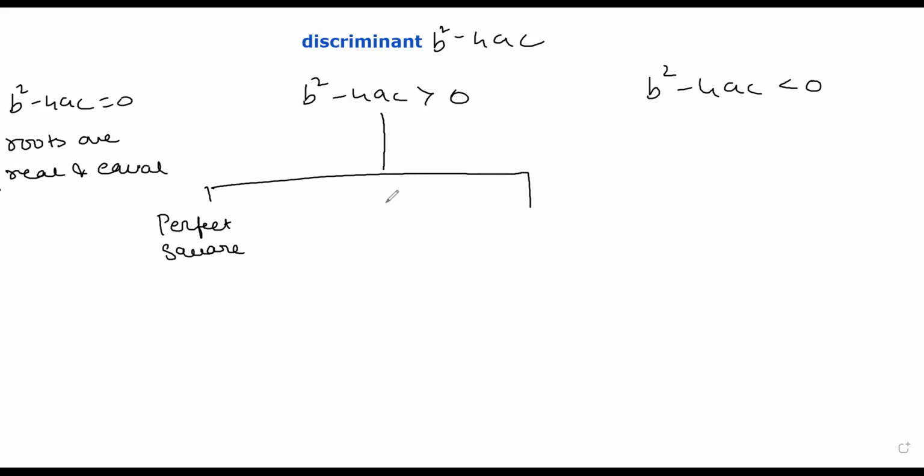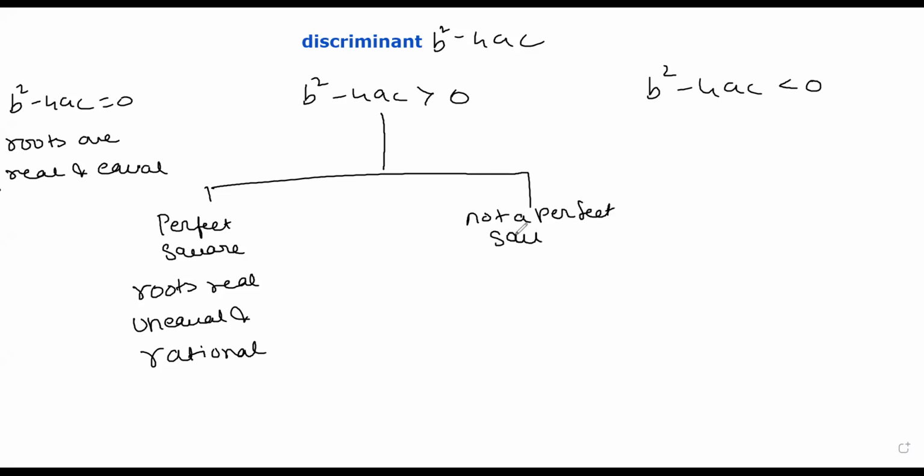If this is a perfect square, then roots are real, unequal, and rational. But if it is not a perfect square, then roots are real, unequal, but irrational.